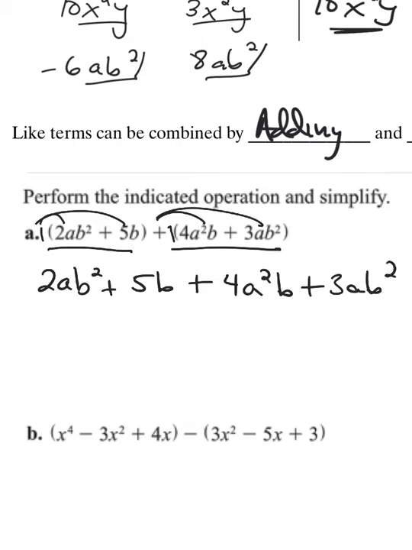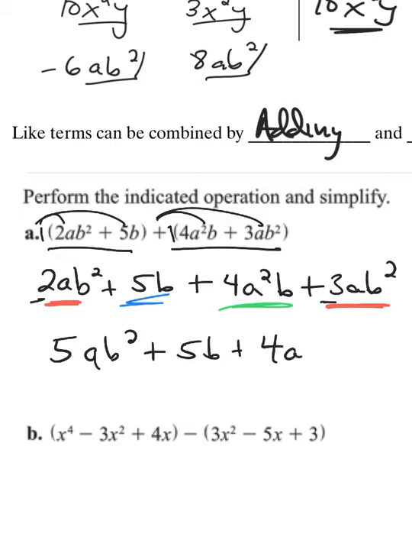For instance, I have an ab squared here, so I can simplify that by combining it with that last term. There is no other terms that have a b, and there is no other terms that are a squared b, so I'm going to leave those the way they are. I combine these by adding the coefficients, so I have 5ab squared plus 5b plus 4a squared b. We simplified this by combining like terms.